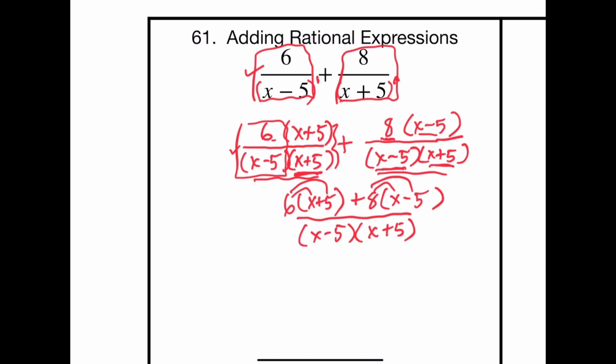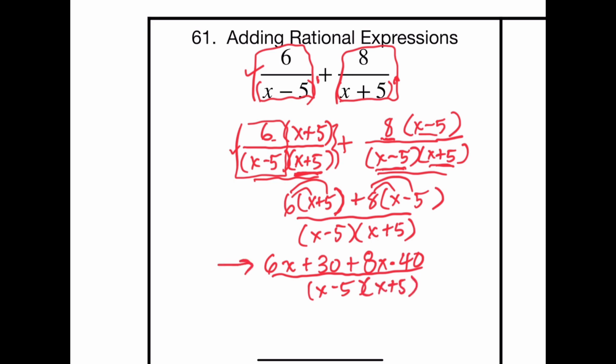So I'm going to simplify those. That would give me 6x plus 30, plus 8x minus 40, and all of this will still be over the common denominator, x minus 5 times x plus 5. Now I'm going to simplify this numerator.